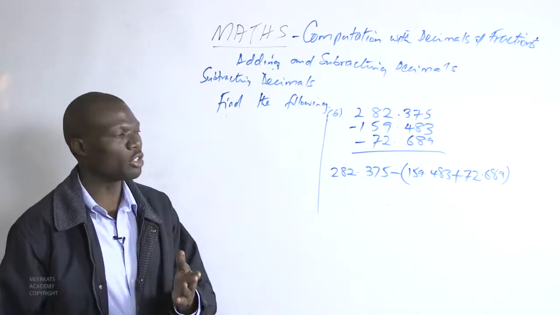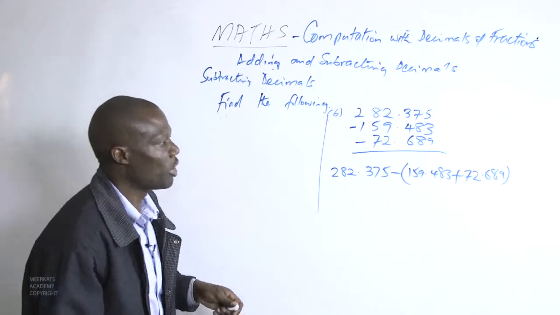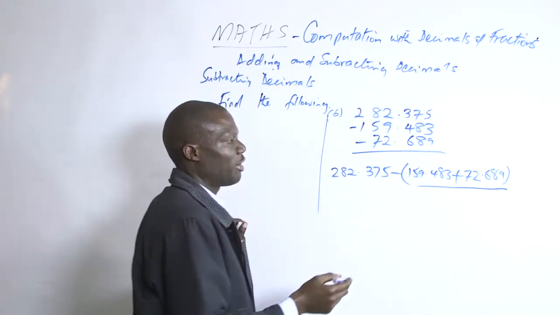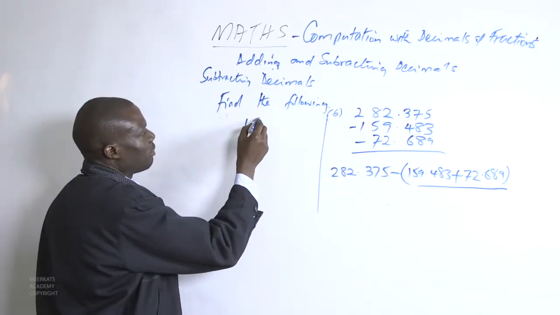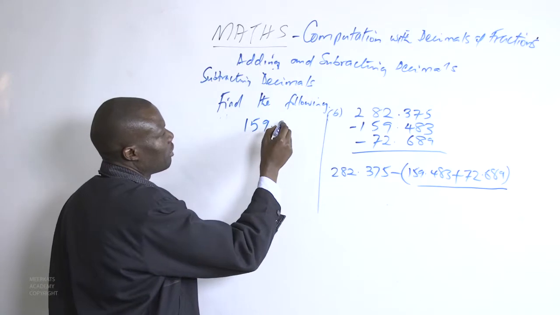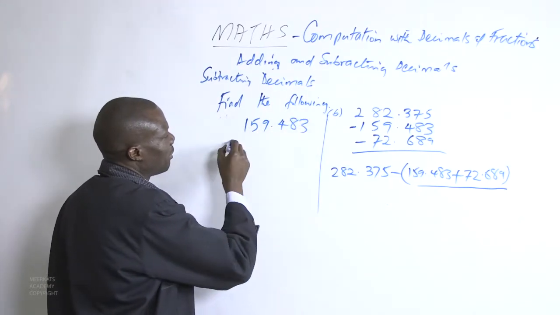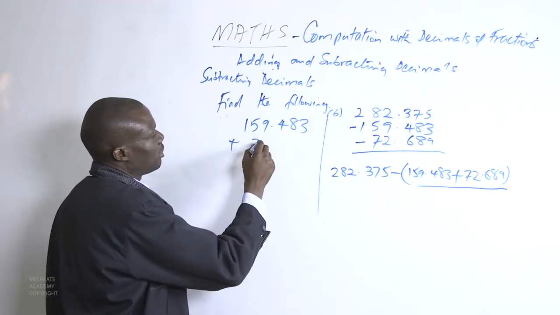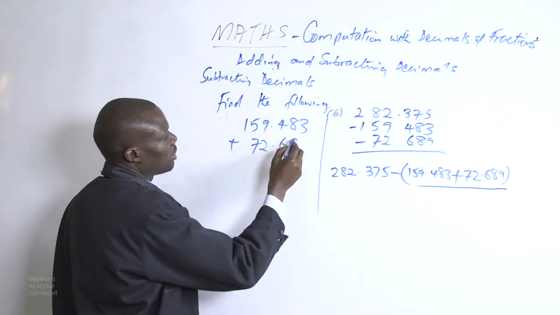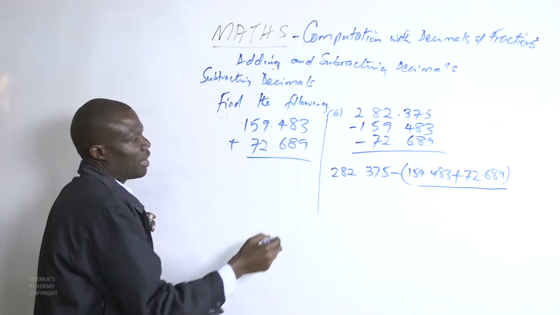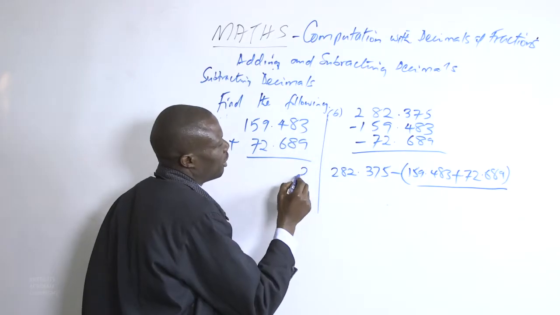So, continuation of our solution here, we remove the brackets following the order. So that is 159.483 plus 72.689. When we add, this one gives us 12.